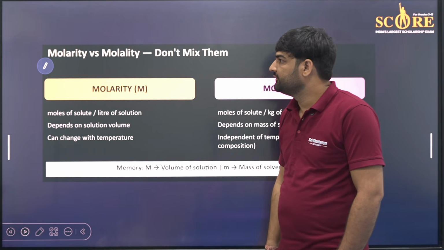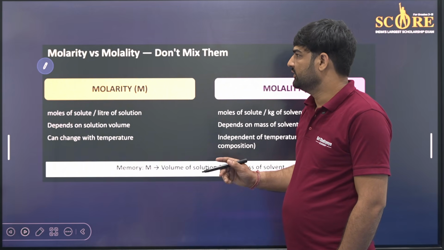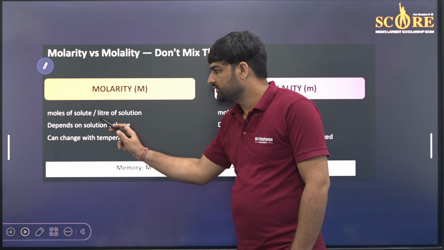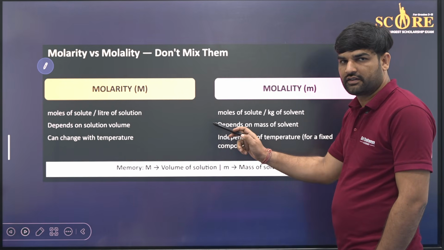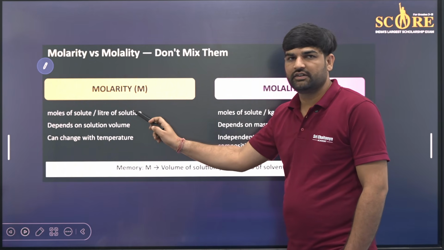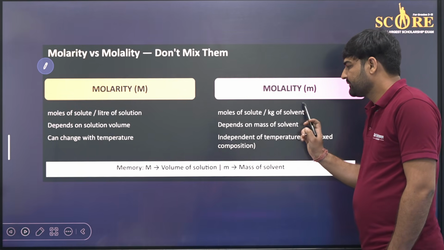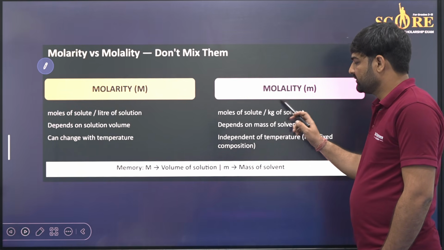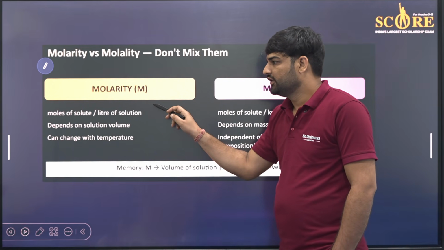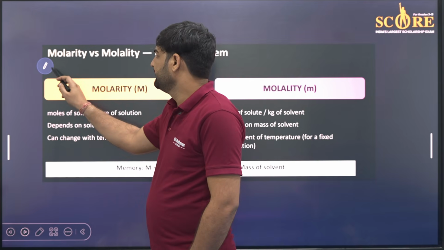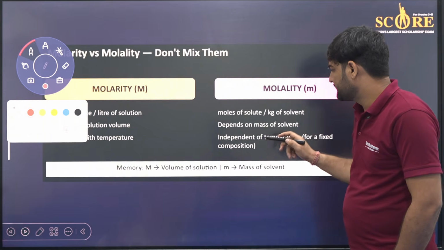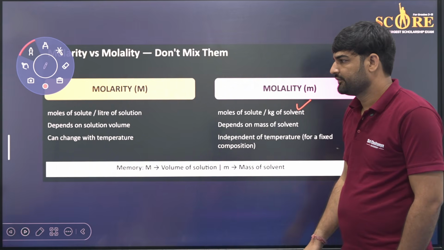What is the basic difference between molarity and molality? Don't mix them. Molarity is moles of the solute over volume of the solution in liter. Molality is moles of solute over mass of the solvent in kg. This is the basic difference: here it is volume of the solution in liter and here it is mass of the solvent in kg.